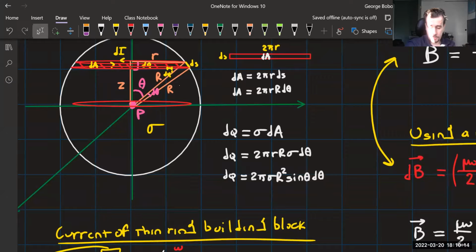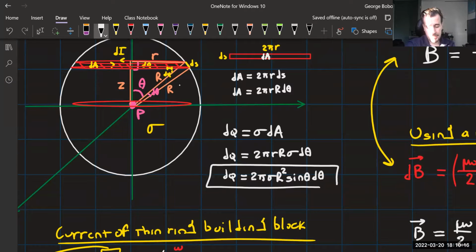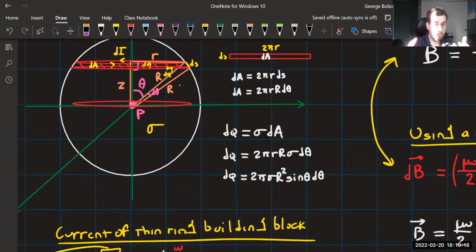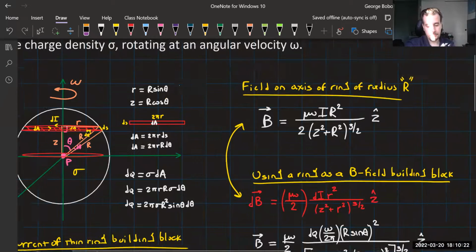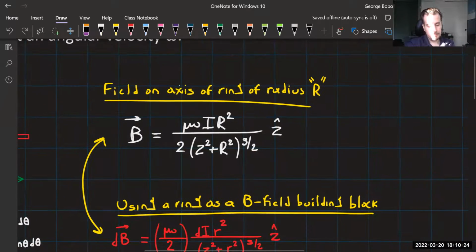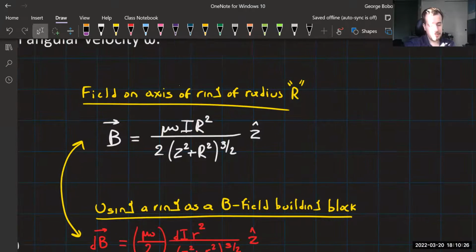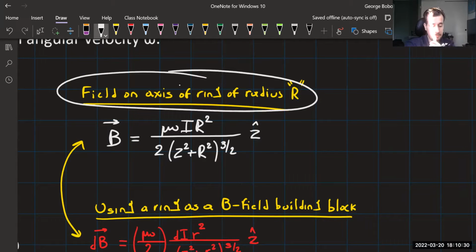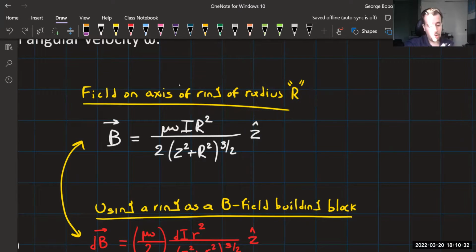Okay, so it looks so far like this has become an integral of theta. And I will work in the theta world. It's easiest. Here is the formula for the field on the axis of a ring. For our purposes, this guy is now an infinitesimal because it's not the entire sphere.